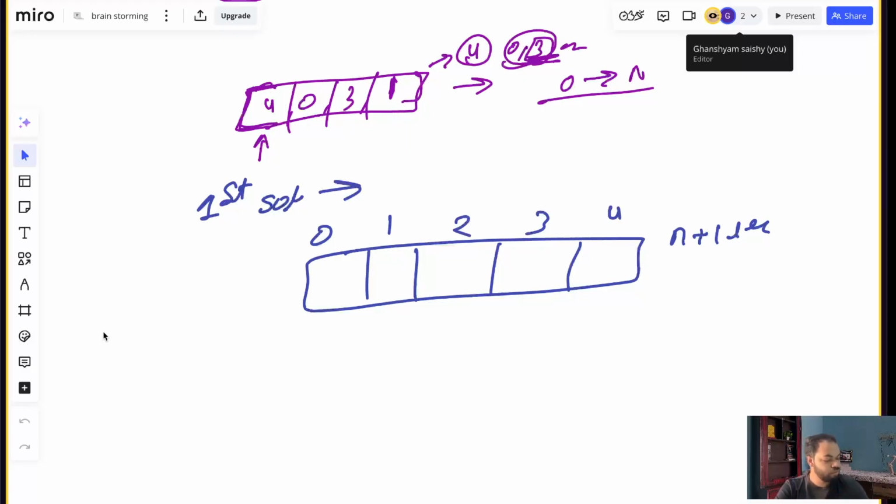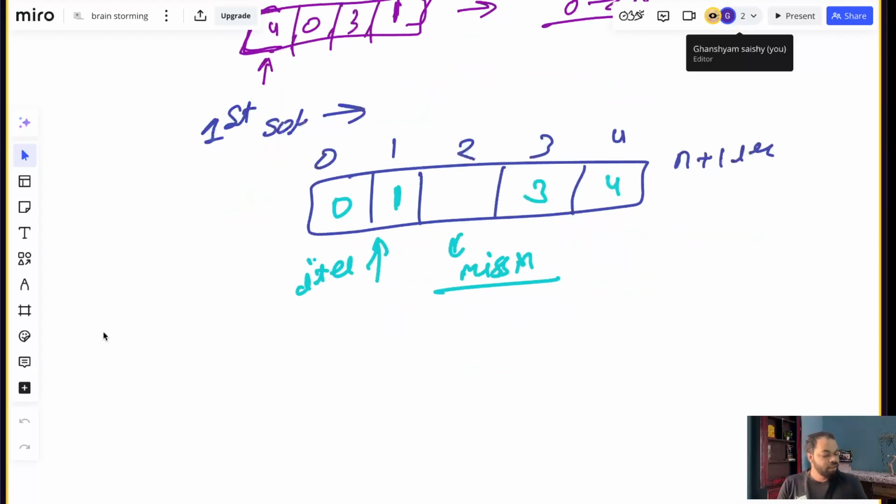Let me change the colors of the pencil. So I'll put 4 here, 0 here, 3 here, 1 here, and I iterate over this array again, and then we'll find okay, this is missing. One way of doing it.